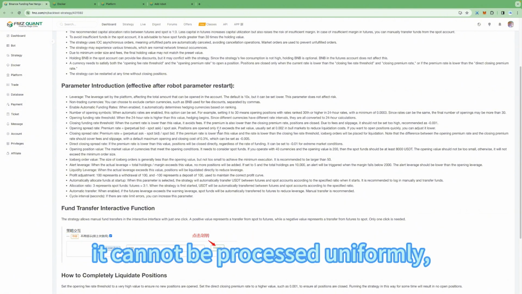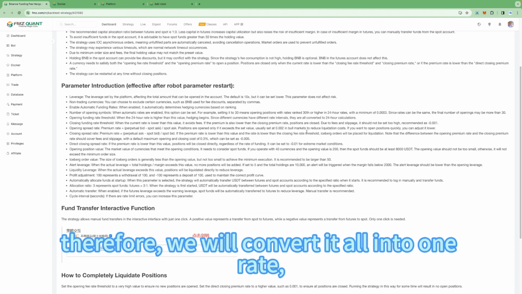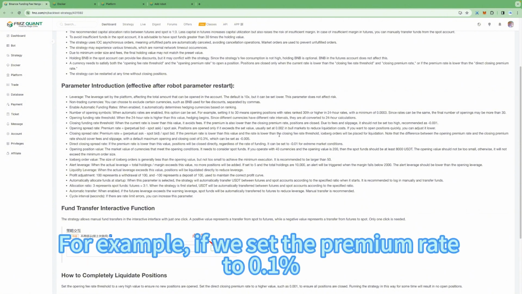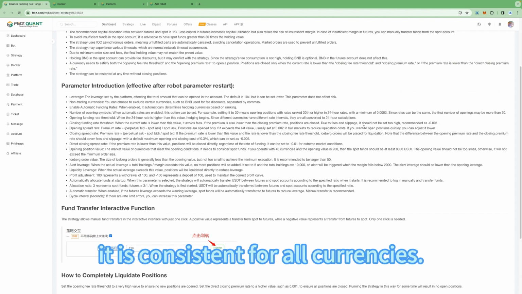It cannot be processed uniformly. Therefore, we convert it all into one rate, which is to set a unified premium rate. For example, if we set the premium rate to 0.1% or 0.2%, it is consistent for all currencies.